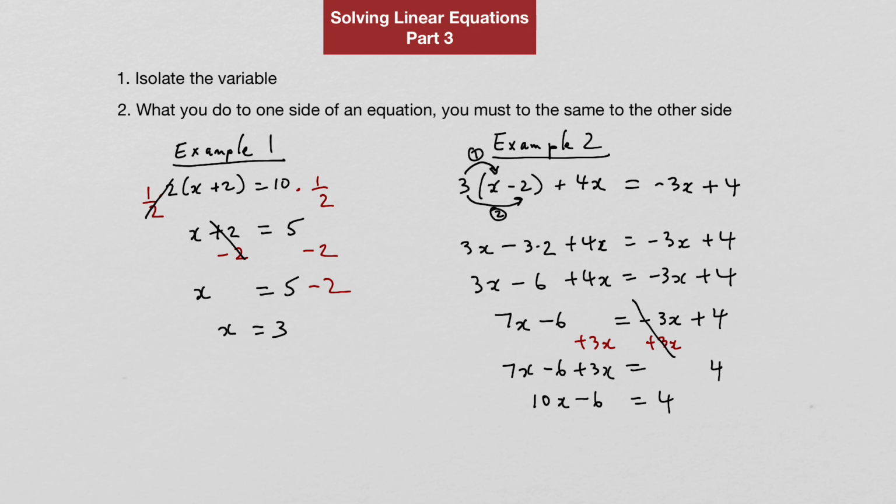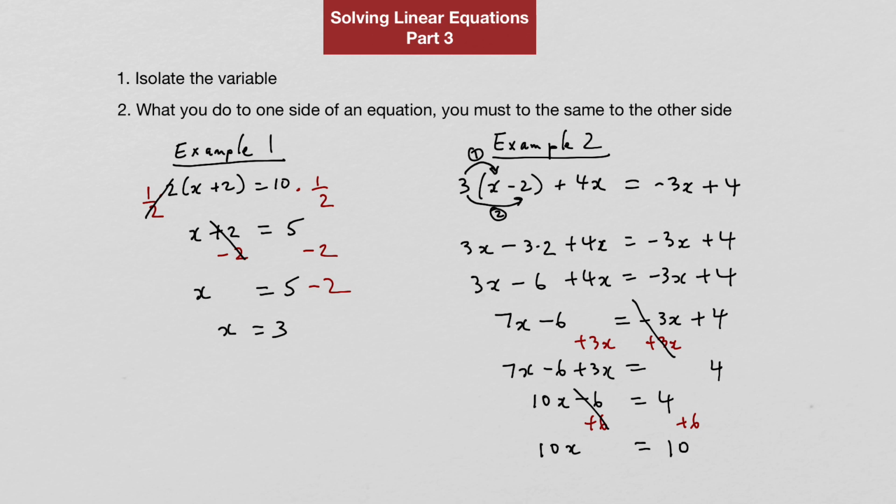So now we're going to move this minus 6 to this side of the equation. This is a negative 6, not a positive 6. So to do that, we need to add 6 to both sides. And now we get 10x. These cancel out, and we get 4 plus 6, which is 10.